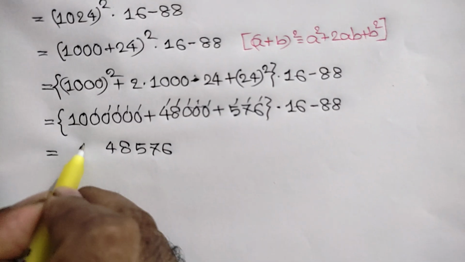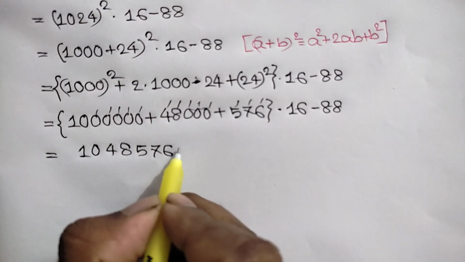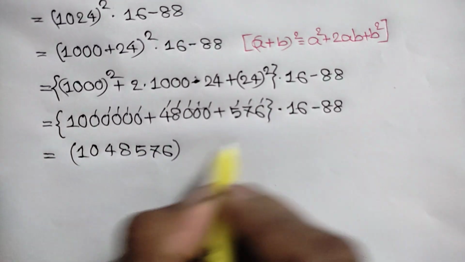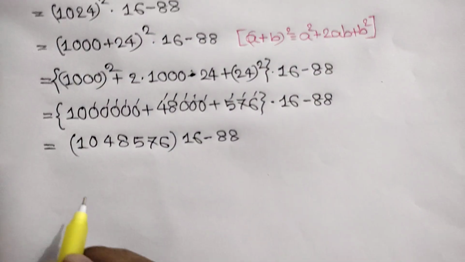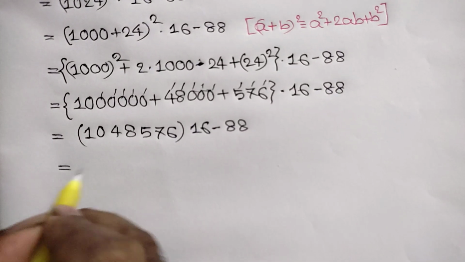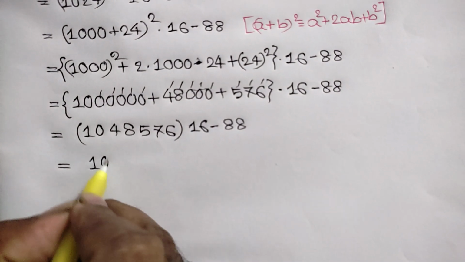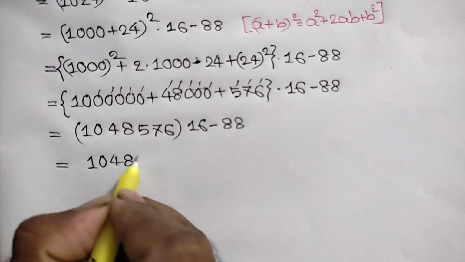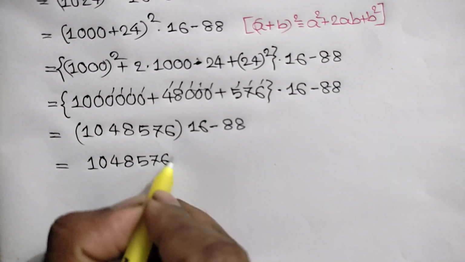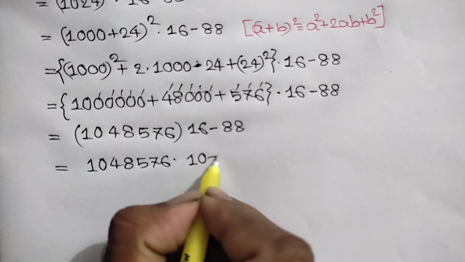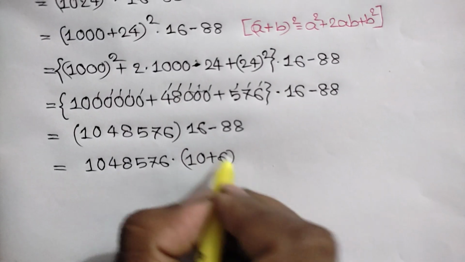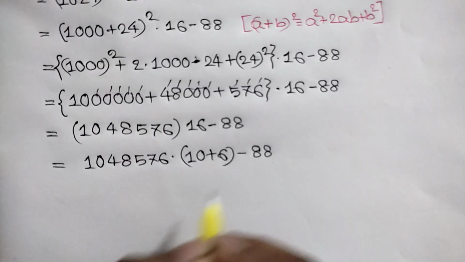Now this is 1048576 times 16 minus 88. Now this 16 can be written as 10 plus 6, minus 88.